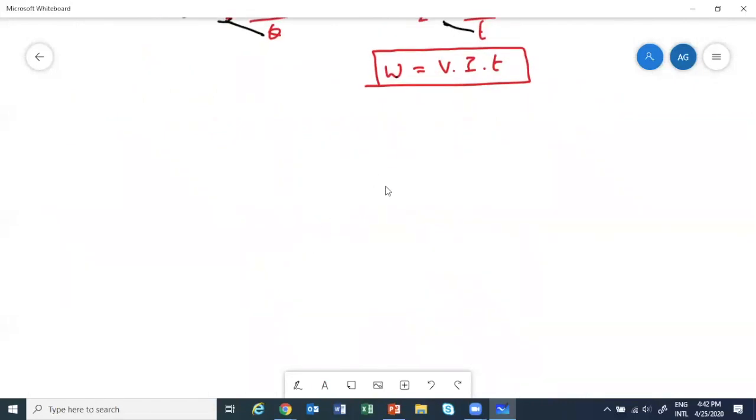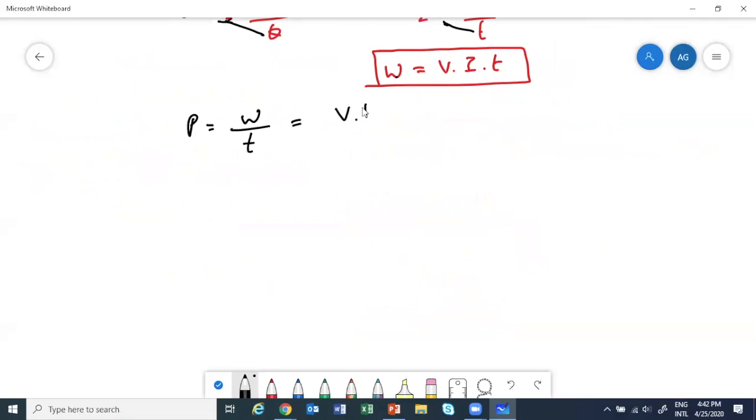Okay. Now we know that power is work done by time. Here work is V I T, divided by T. T cancels.